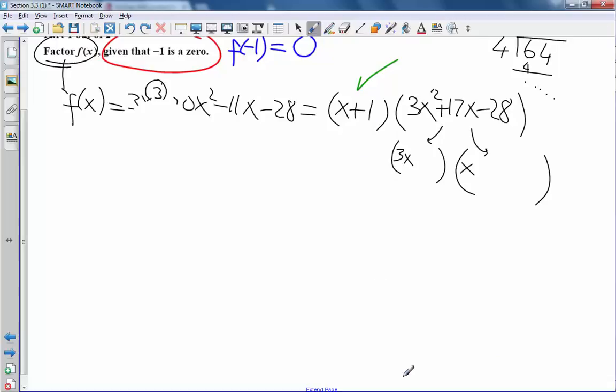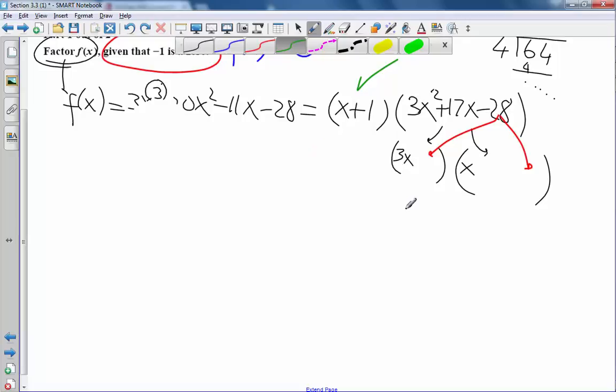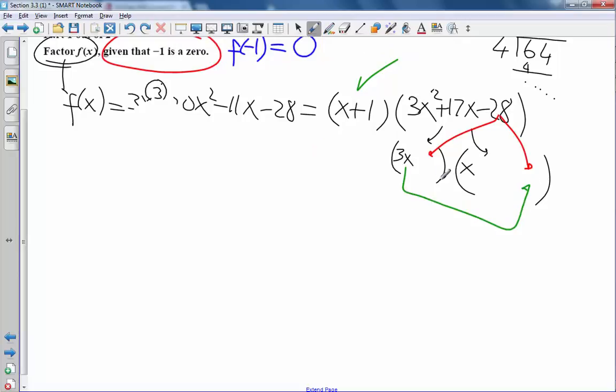That part is easy. Question is, how do you break 28 into 2 parts, 2 numbers? The product will be negative 28, but when you FOIL, outside and inside terms, the total will make positive 17x. Positive 17x will be the total.